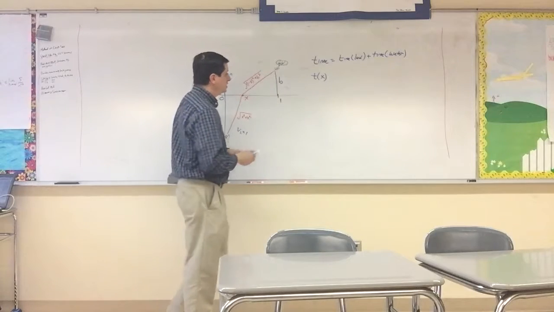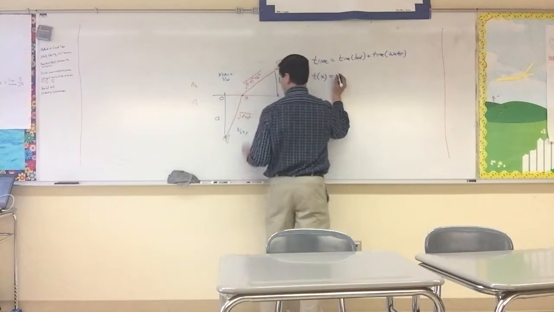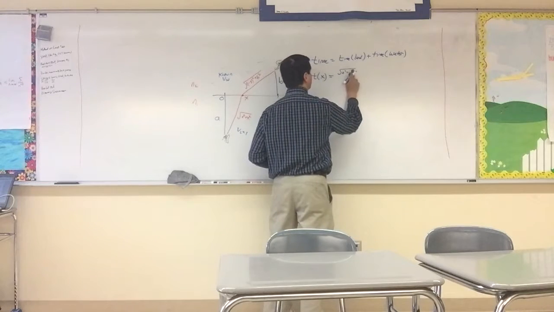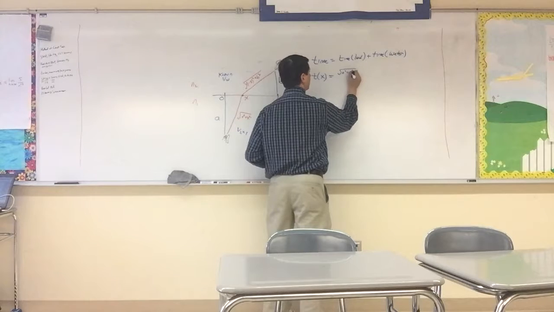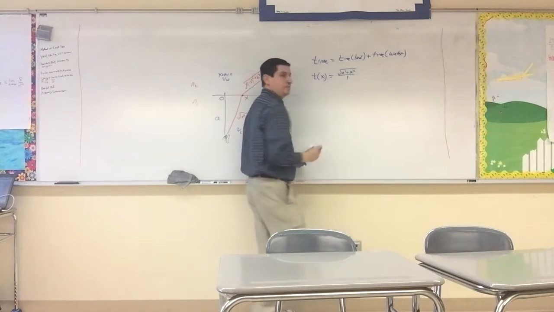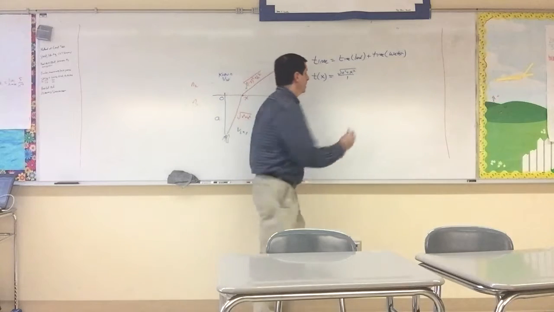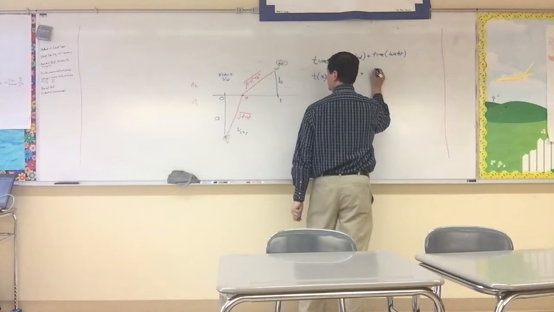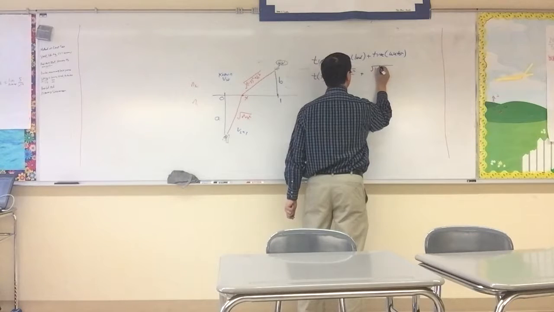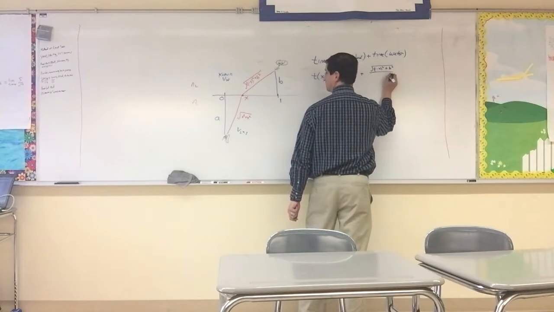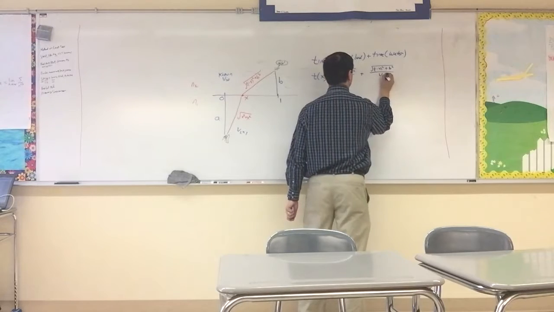And so we get the total time as a function of x is going to be the square root of a squared plus x squared over 1. Distance divided by distance per time will be time, plus the square root of (1 minus x) squared plus b squared over VW.